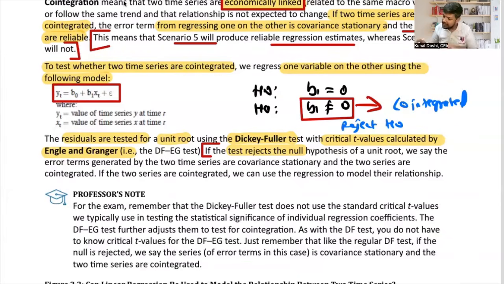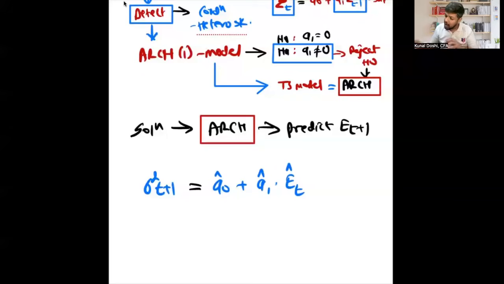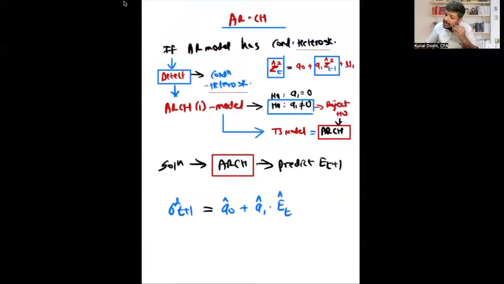Clear, everyone? So see, if the test rejects the null hypothesis of a unit root, we say the error terms of the two time series are covariance stationary and the two series are co-integrated. Co-integrated means they have some economic relationship, right? So here I'm going to write, how do I test for co-integration? Co-integration means whether they are economically linked or not. So co-integration, what does it mean?